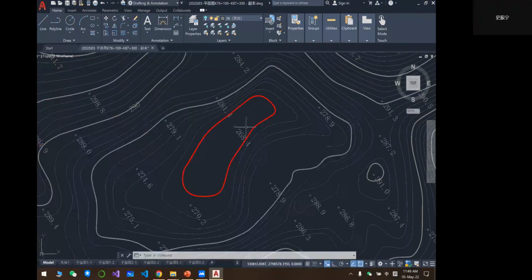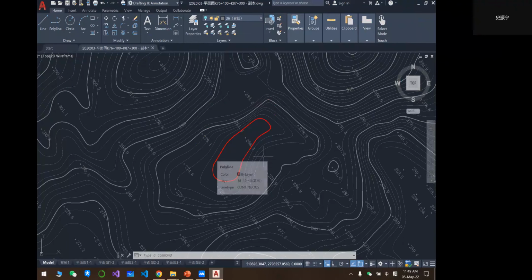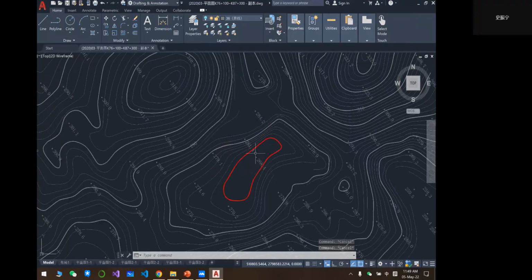It means that these places are lower than the ground around, and so it is inverse to the top.